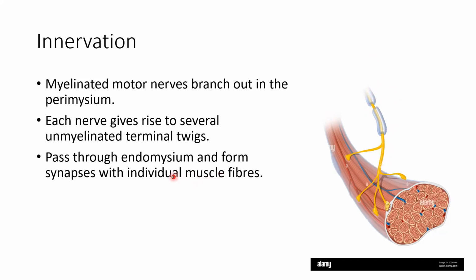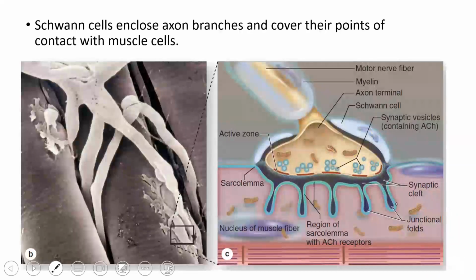Okay, so these individual branches travel through the endomysium and synapse with individual muscle fibers. So this is the neuromuscular junction or the motor end plate. Okay.